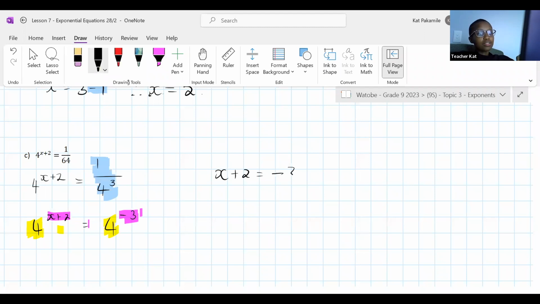Now we just have a normal equation to solve. We get rid of this 2. What happens when it goes over? It's going to be plusing, so you're going to minus on the other side. So we're going to have negative 3 minus 2.